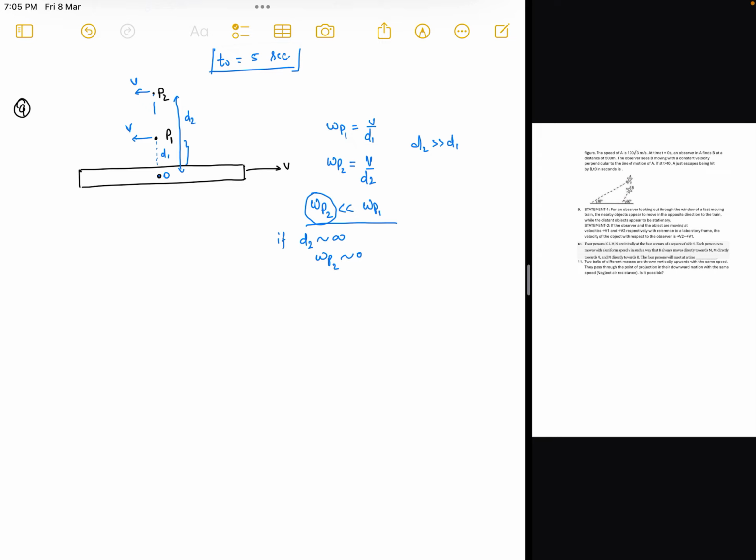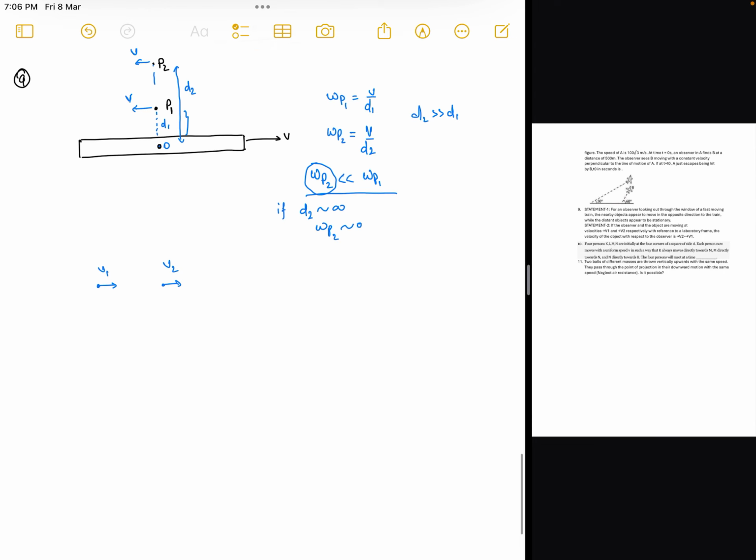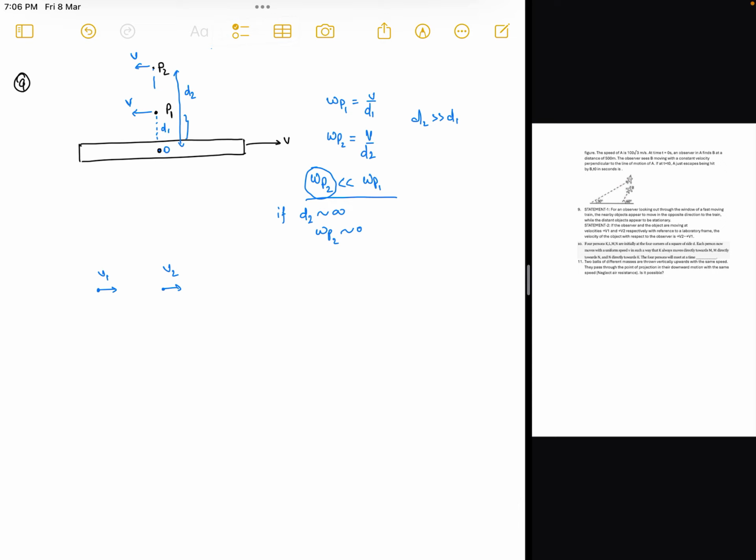What he is saying, there are two objects, like object 1 moving with velocity v1 and object 2 moving with v2, in the laboratory frame. So this is the laboratory frame in which these two particles are moving. Now what they are saying is, the velocity of the object with respect to the observer is v2 minus v1.